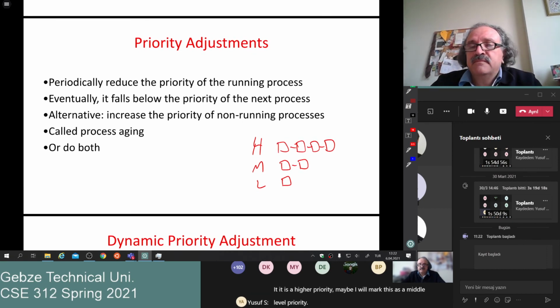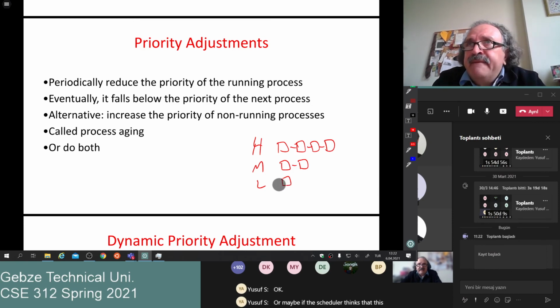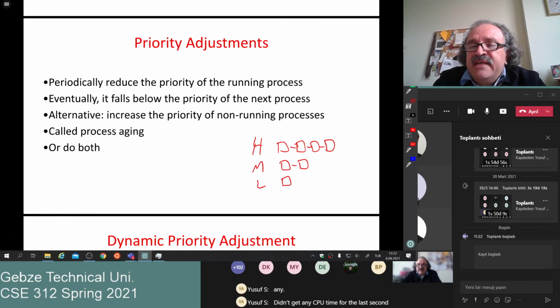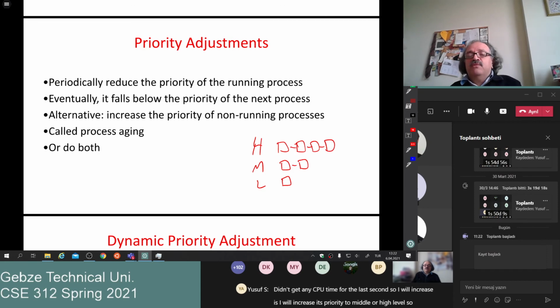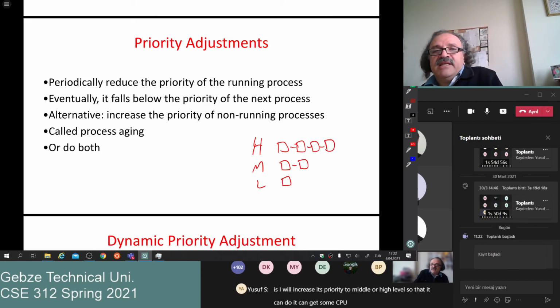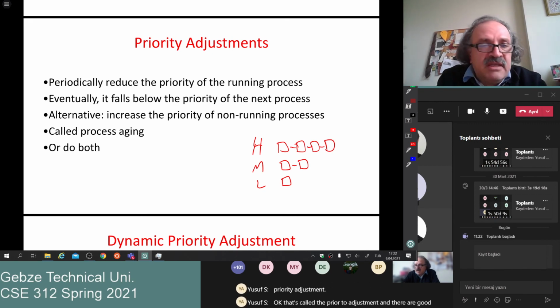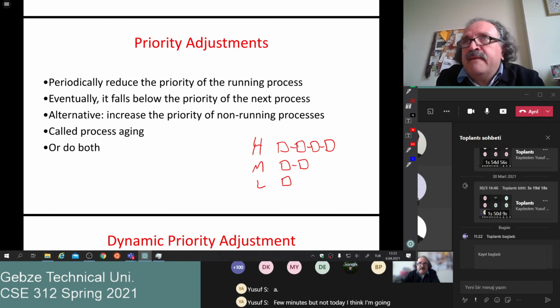Or maybe if the scheduler thinks that this process didn't get any CPU time for the last second, I will increase its priority to middle or high level, so that it can get some CPU time. So that's called priority adjustment, and there are good ways of doing it. I'm going to show you how to do it in a few minutes, but not today. I think I'm going to do it on Monday.